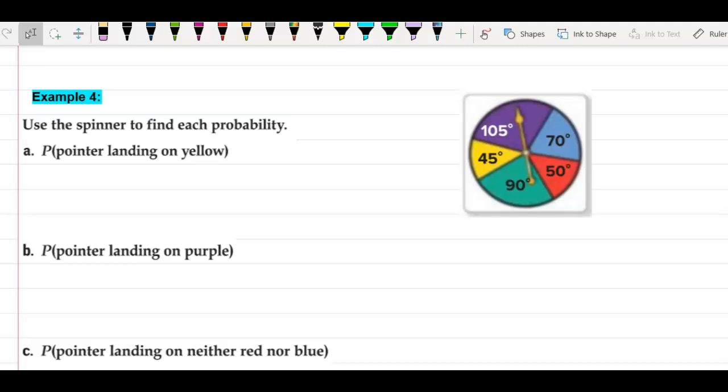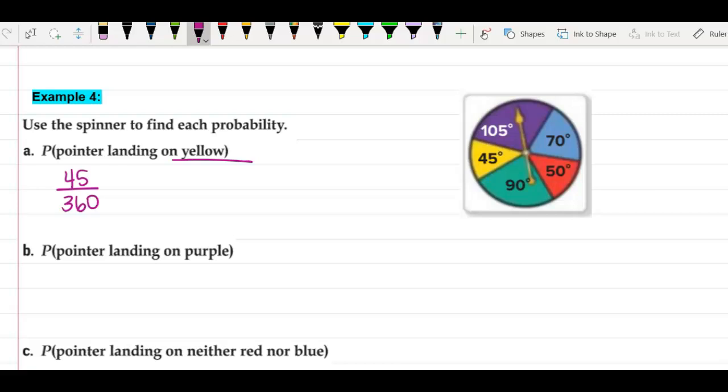So we're still going to talk about desired section over the total. In this first one, we want to land on yellow, the probability we would land on yellow is 45 degrees of the circle, and the whole circle, all of those pieces should add up to 360.